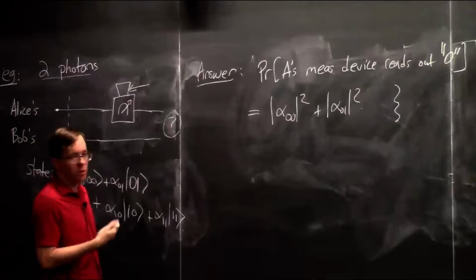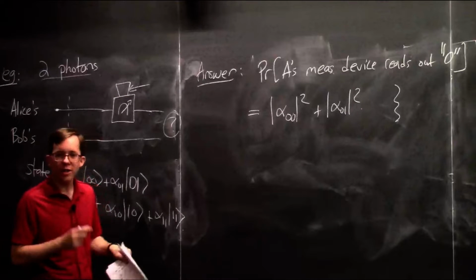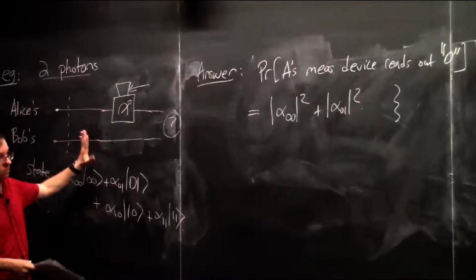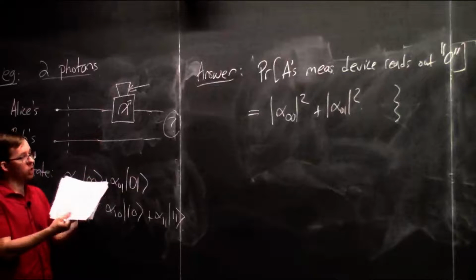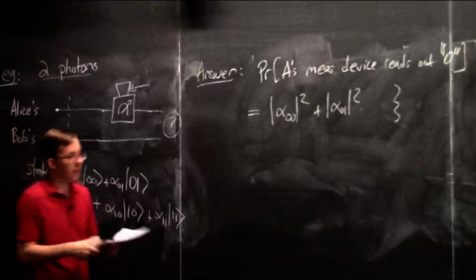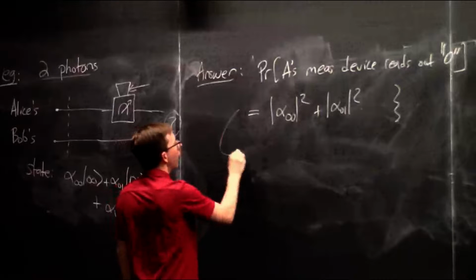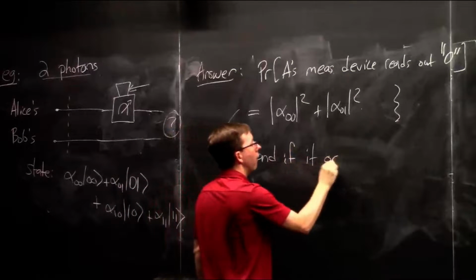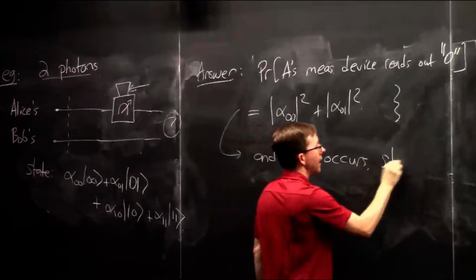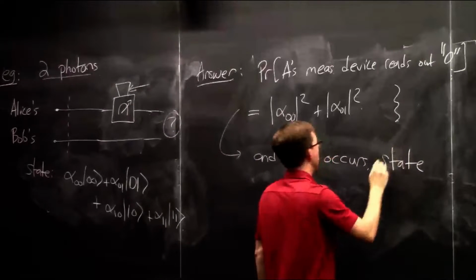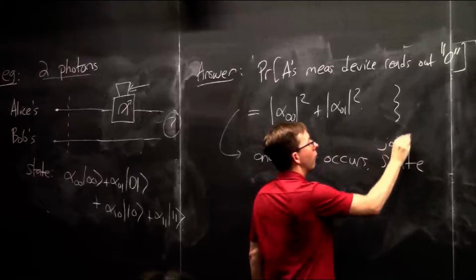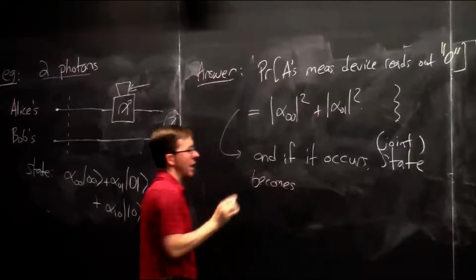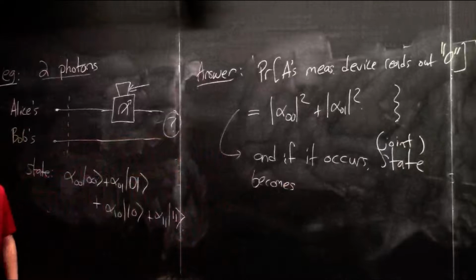And then, as with measuring, if this event occurs, it collapses or changes the state. But we have 2 particles hanging around, so we have to understand what the joint state of them collapses to. And I'll just tell you. If it occurs, the joint state becomes, well, I'll first write down something that's mostly right, but a little bit wrong.